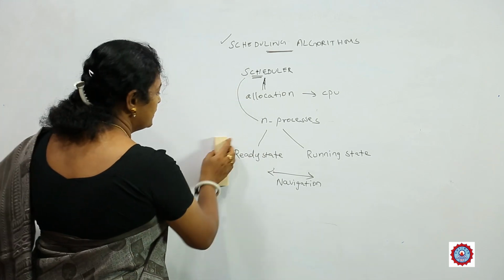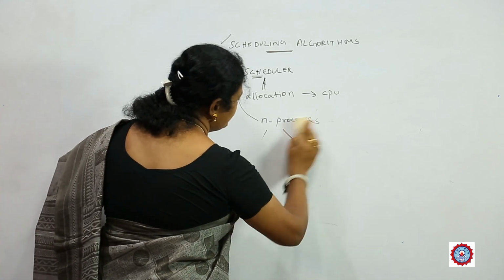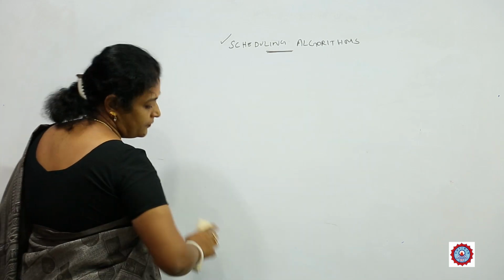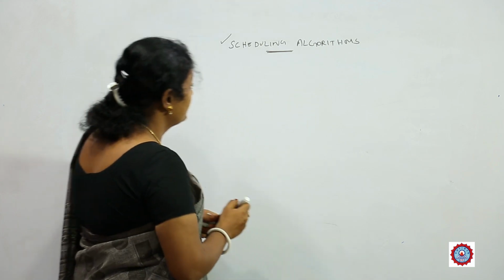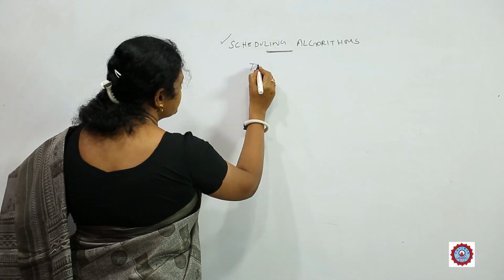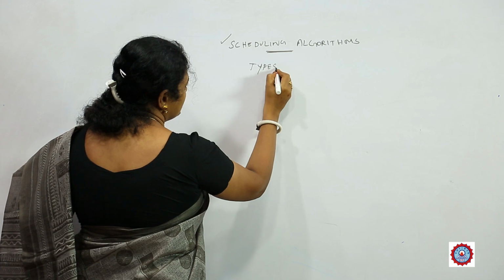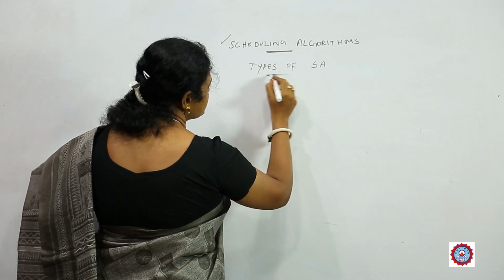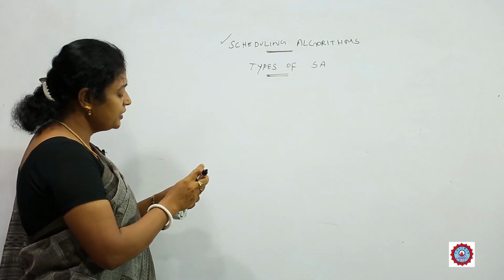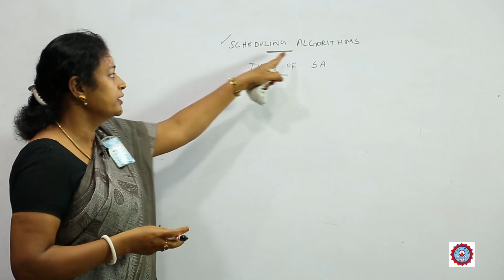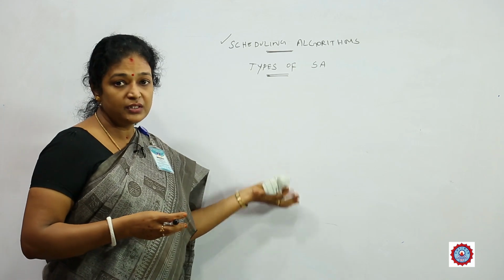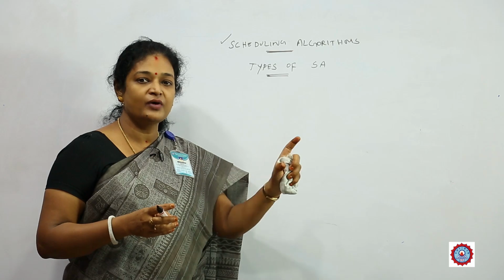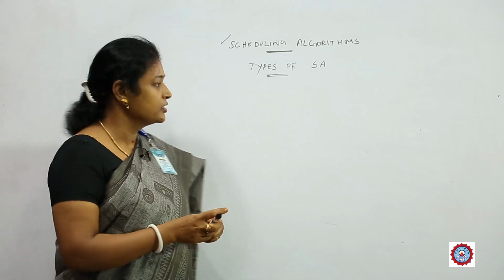So, the next step will be the types of scheduling algorithms. How many types do we have, and based on these algorithms the scheduler will choose a particular one for this navigation.